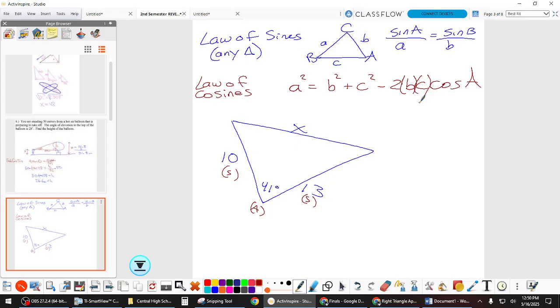So remember, you either solve for the first side length, which is opposite of this angle, but you don't solve for B and C with this. That's not why we use it. So let me say this: it must be opposite of A. So you have to set this up in a way that the side length by itself is across from the angle that we use in the formula. That's the only condition.